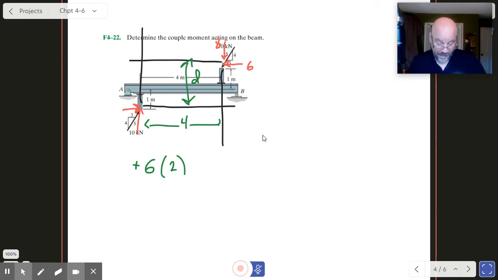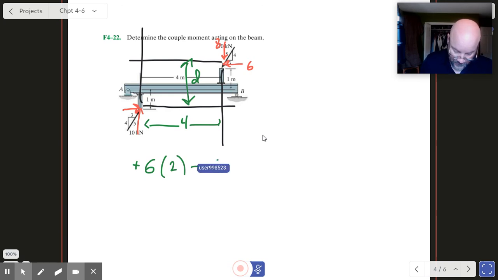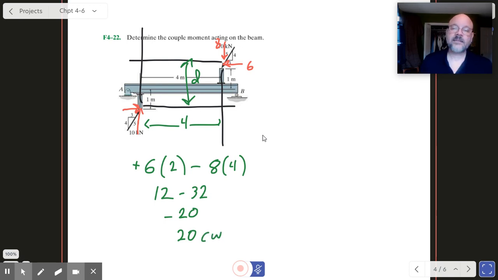Those are going to create a negative moment, clockwise, so that's negative. So that's minus 8 times the distance between them, which is 4. So we're looking at 12 minus 32, or negative 20, or 20 clockwise.